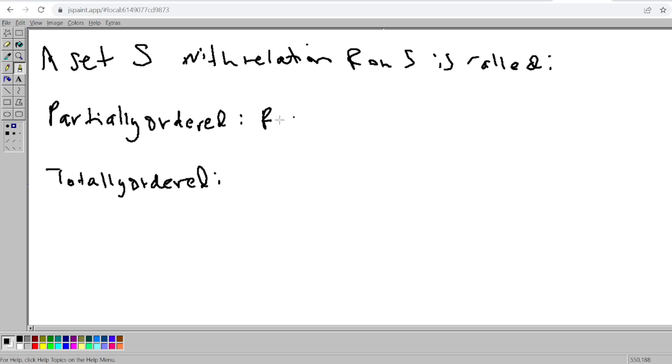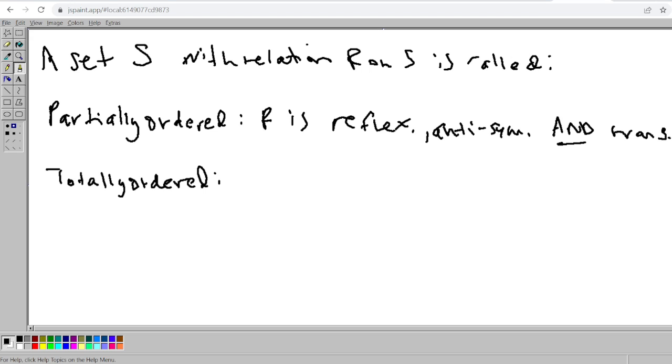It is partially ordered if R is reflexive, anti-symmetric, and transitive.